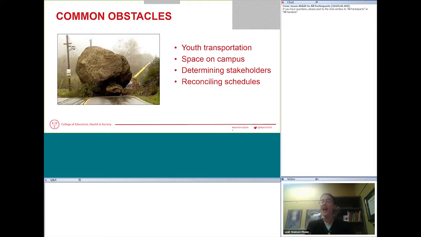And then the last one is our university and our school schedules obviously don't align really well. They don't align perfectly. So we have to figure out, for example, we have a January term. Who's going to do tutoring during that time, or what is the teacher going to do differently during that time? But reconciling schedules is not a huge obstacle, really, but it's something to think about.